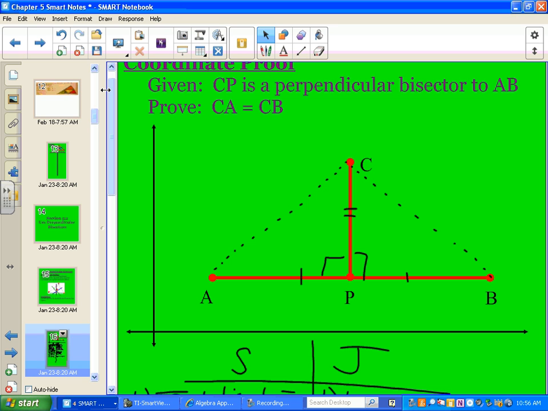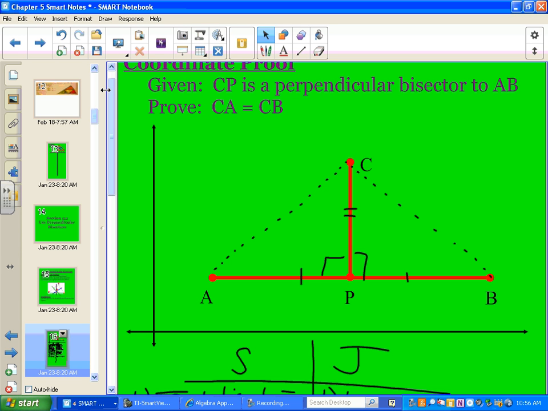What did we just prove about a point that falls on a perpendicular bisector? Andy, did we prove it to be an angle bisector? No. We proved it to be what? The same distance between the two what?